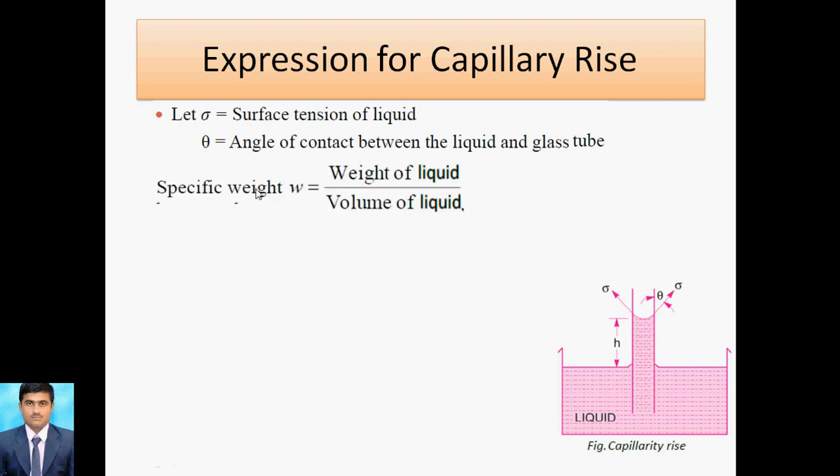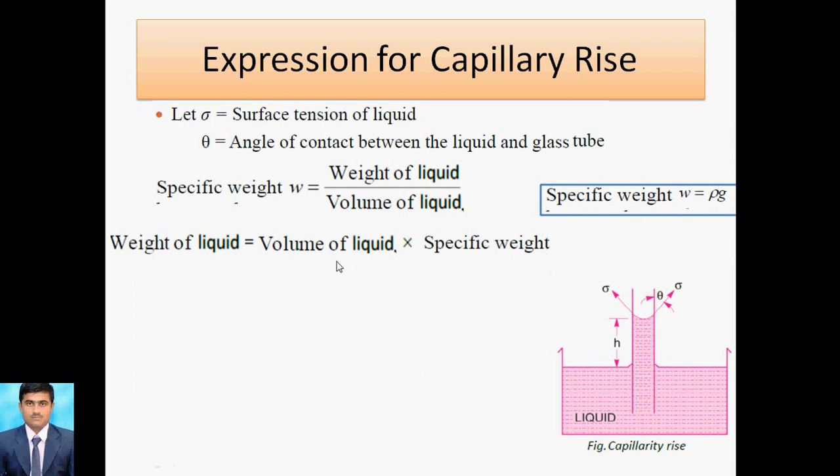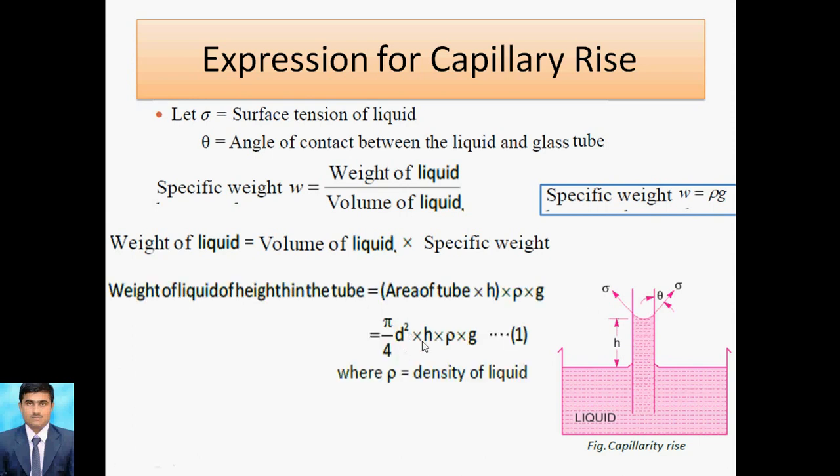Specific weight is equal to weight of the fluid divided by volume of the fluid, so weight of the fluid is equal to volume of fluid into specific weight. As you know, specific weight is rho into g. Volume is area into height, that is pi by 4 d square into h. So these are two formulas for specific weight: one is weight upon volume and another is w equal to rho into g. So this is the phenomenon.